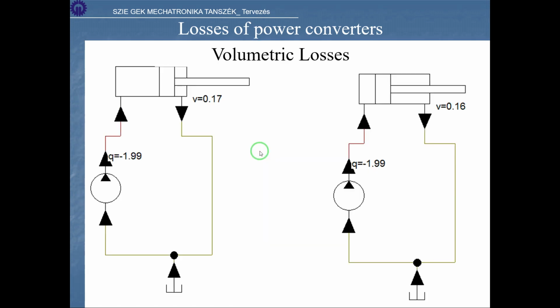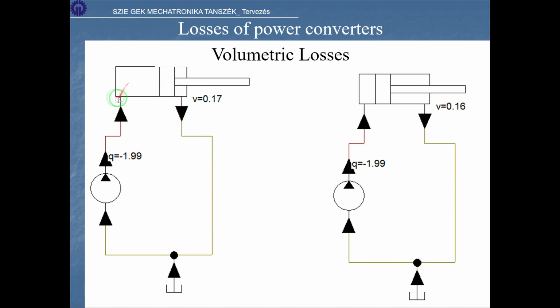Okay, volumetric losses can occur in a bunch of hydraulic energy converters. So for example in cylinders as well, because we have an operational gap or creepage here as well, and therefore if we have a big enough pressure, oil can flow through these creepages or operational gaps, and therefore it will cause a leak or seepage in that direction.